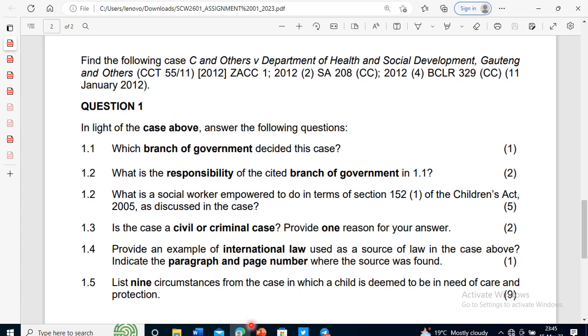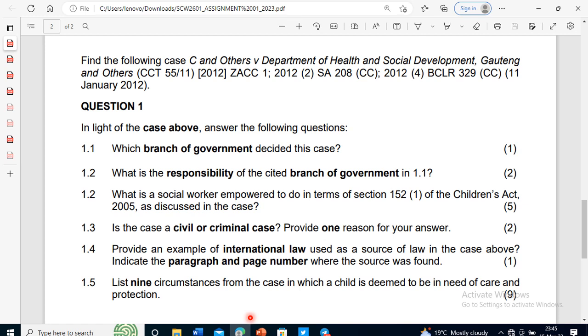Under it, you're going to see (1), and then it says that a child is in need of care and protection. Under that, you're going to see a list of sentences in alphabets, starting from A up to I. Those are the 9 circumstances a child is deemed to be in need of protection and care.